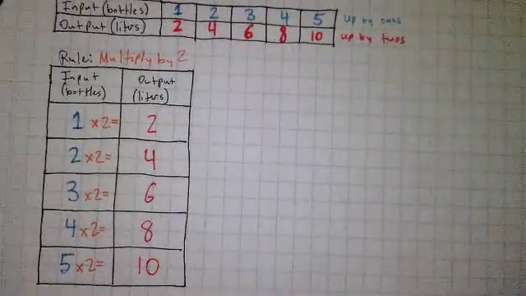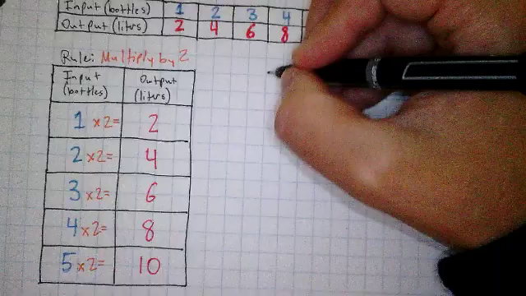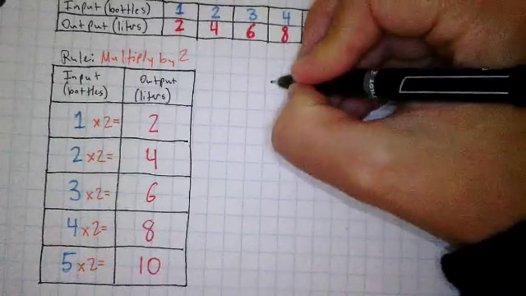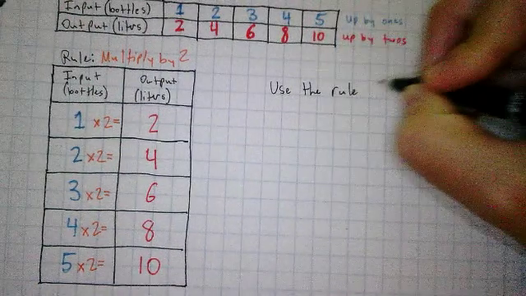Now, if you don't want to write the problem, you don't have to, but you are going to want to write the input-output table that we're going to use with this problem. So I'm going to write a problem here.